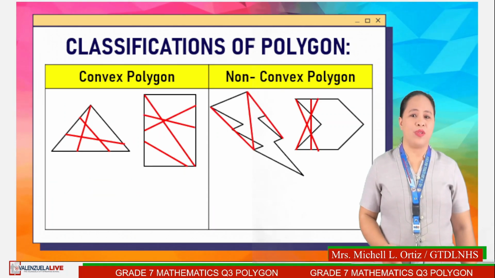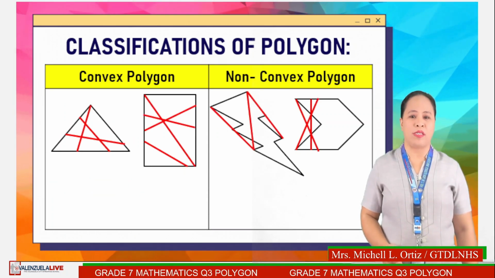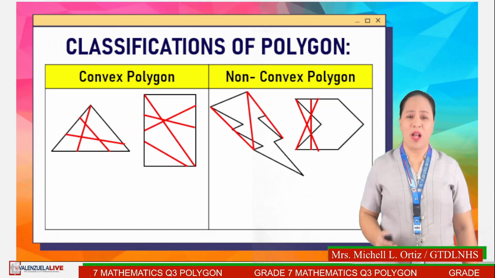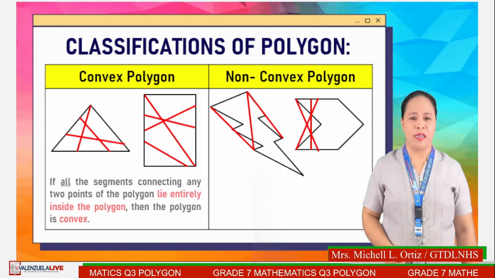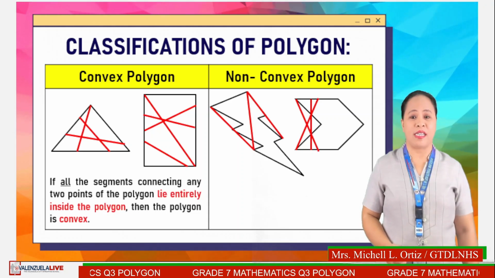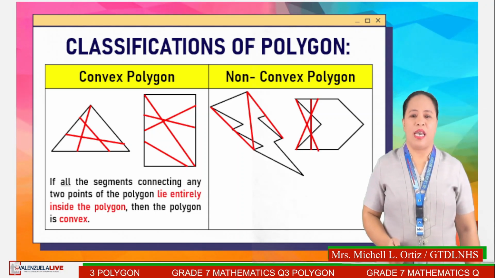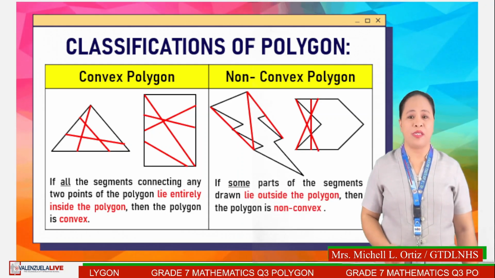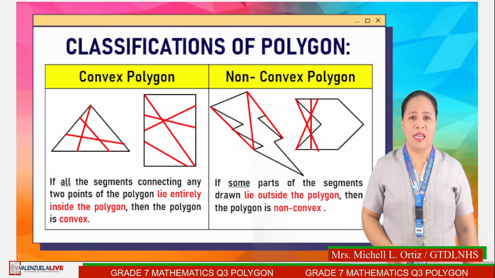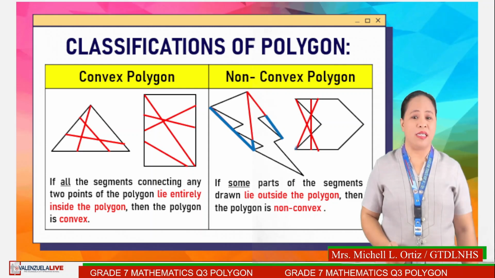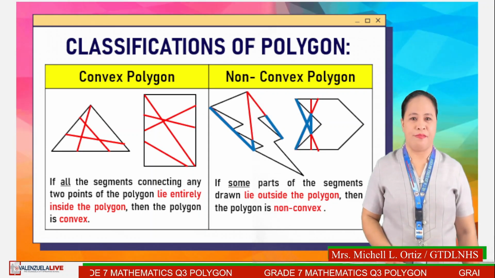If segments are drawn connecting any 2 points of the polygon, and all the segments lie entirely inside the polygon, then the polygon is a convex polygon. And if some parts of the segments drawn lie outside the polygon, then the polygon is a non-convex polygon.